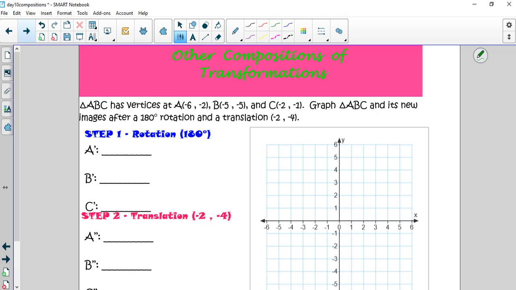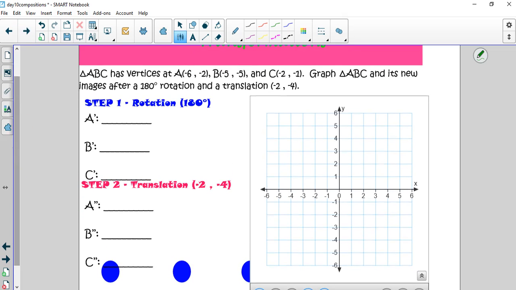Okay, triangle ABC. A is at -6, -2 down here. B is at -5, -5, no, down here. I almost went into the wrong quadrant. And C is at -2, -1. So everything is down here in quadrant 3.